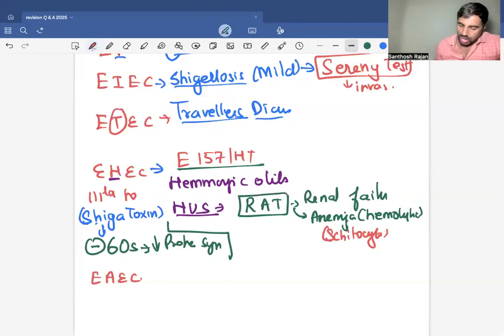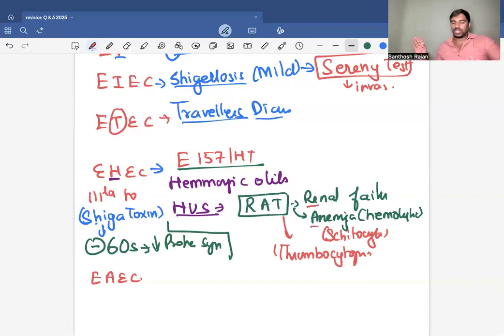And T for thrombocytopenia. This is the classic feature. That's it: RAT. Renal failure, anemia, thrombocytopenia. So it's a dangerous one. The most dangerous one is EHEC, O157:H7.